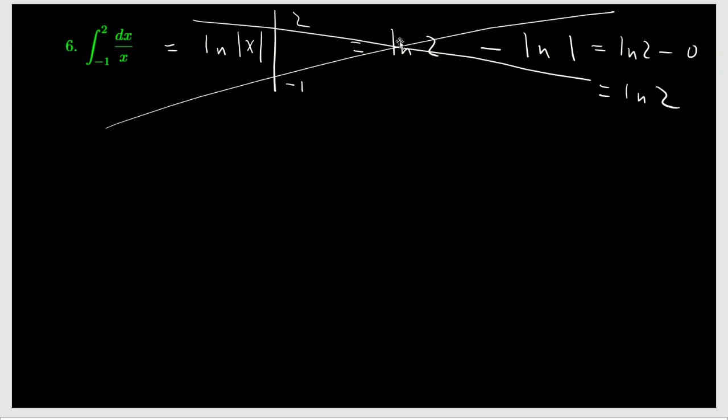To answer why this is wrong, you just say the integrand 1 over x is undefined on the interval from -1 to 2, or you say the integrand is discontinuous on the interval. So we cannot use the fundamental theorem of calculus. Now I will show you the proper way to do this question.